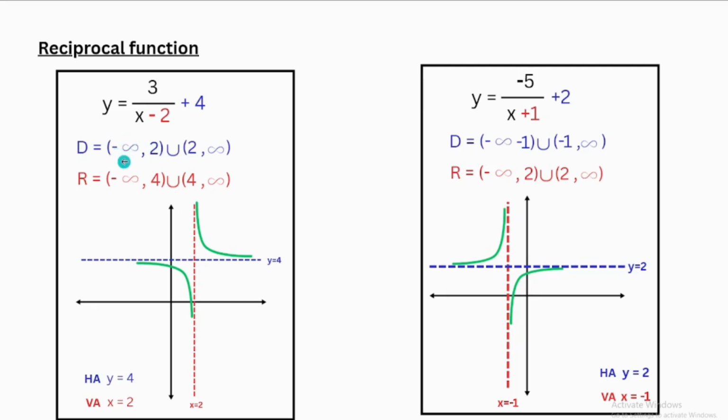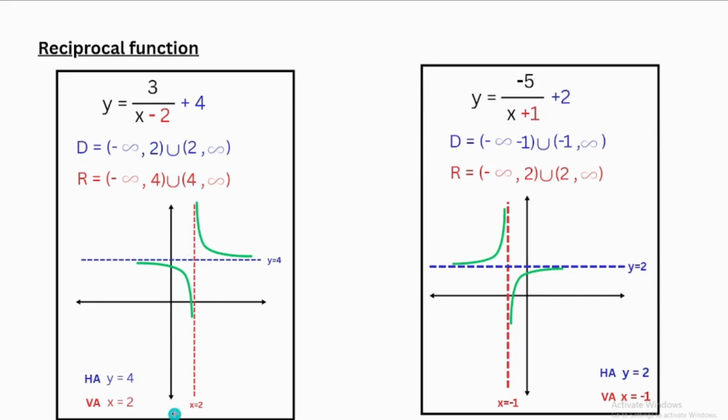So we said that the domain is from minus infinity to 2, union 2 to infinity. 2 is open because we can't include 2. We take all these x values, and there is a point we can't put in the domain. It is number 2. When we talk about the range, it's the same thing.